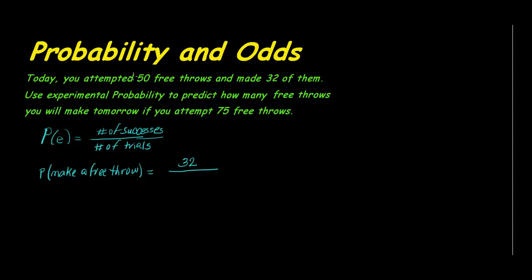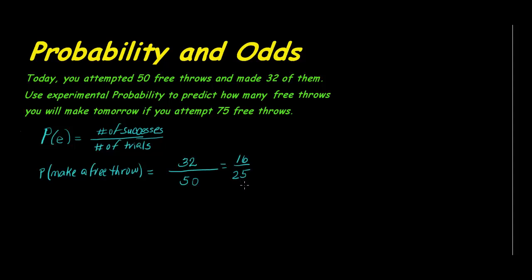So how many trials did he have? He had 50. So 32 over 50, I can reduce that and make this 16 over 25 if we divide by 2 in the numerator and in the denominator. So here is the probability, 16 over 25.